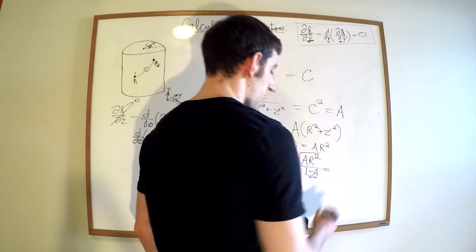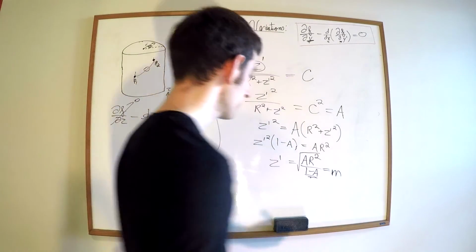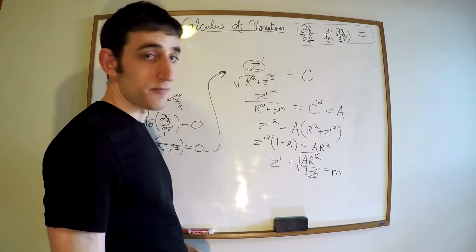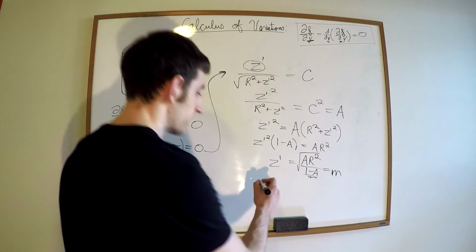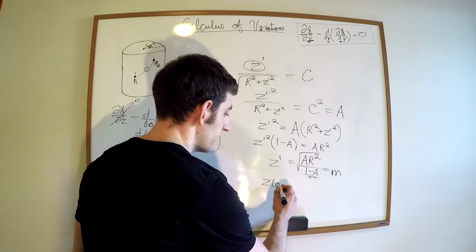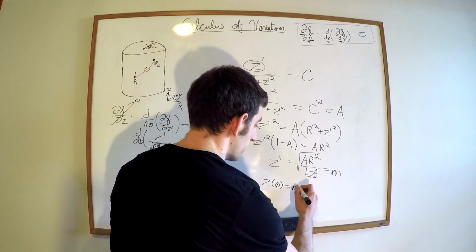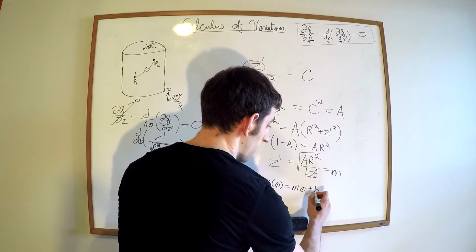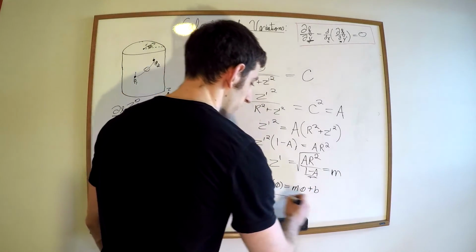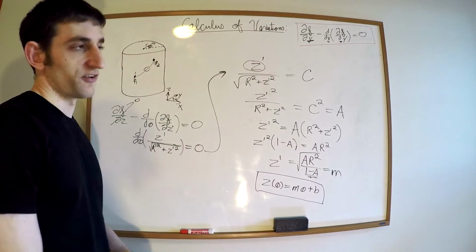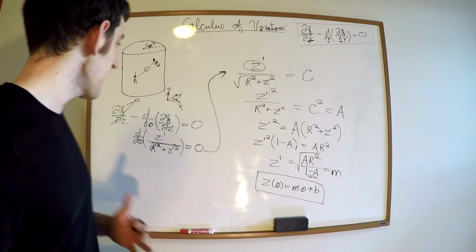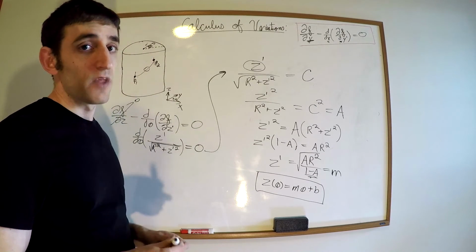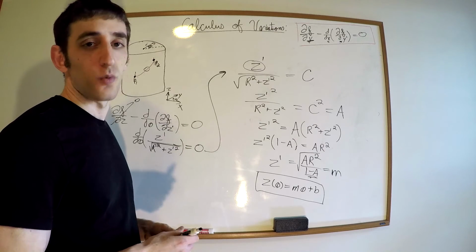So all this stuff, I'm going to call m. And if we integrate z', which is dz/dθ, we end up with z(θ) equal to mθ, where m is a constant which I cleverly named, plus another constant which I'm going to cleverly also name b. Well, that's an interesting result. This shows us that the shortest path between any 2 points on a cylinder is again a straight line, but it's not a straight line like the previous one we saw.